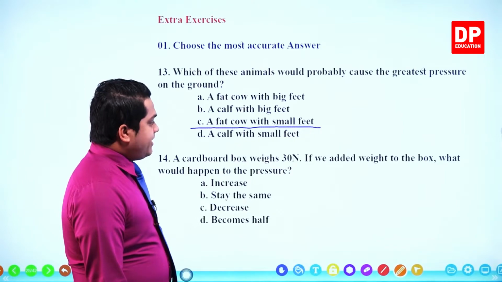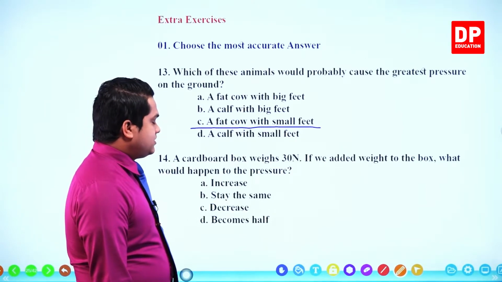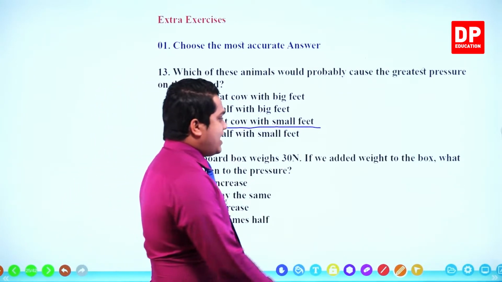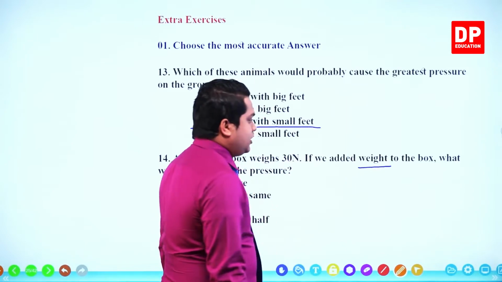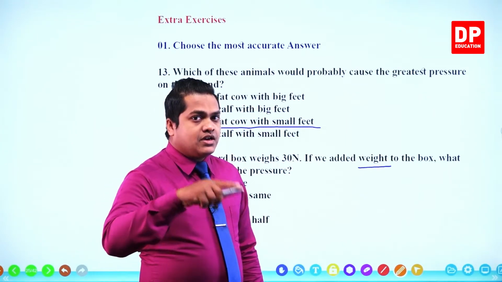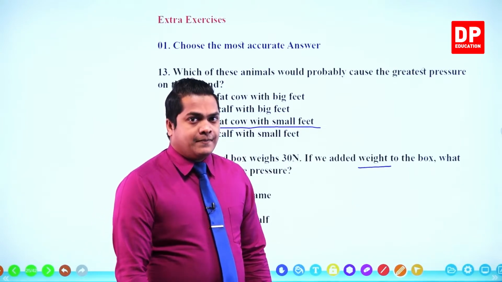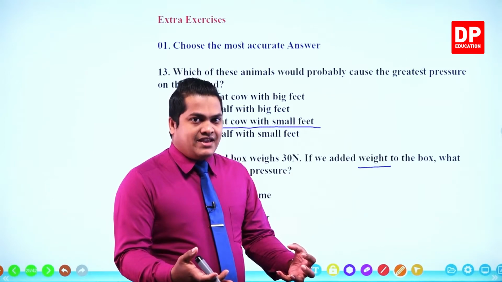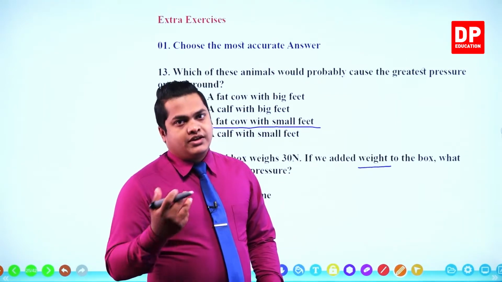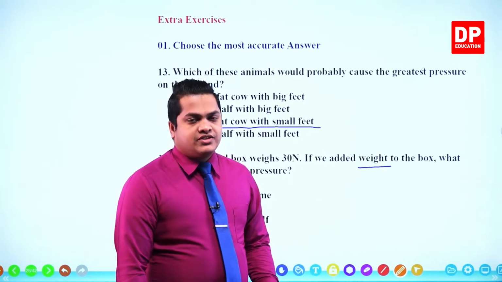A cardboard box weighs 30 Newton. If we added weight to the box, what would happen to the pressure? If you are adding weight to the box, you are increasing the perpendicular force, like from 30 to 50, 50 to 60, 60 to 90, and so on. Upon increasing the perpendicular force, my dear children, definitely the pressure is going to increase.